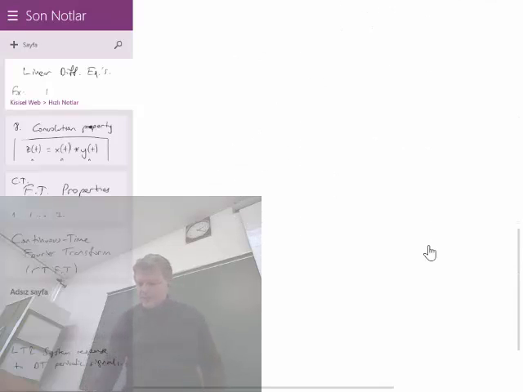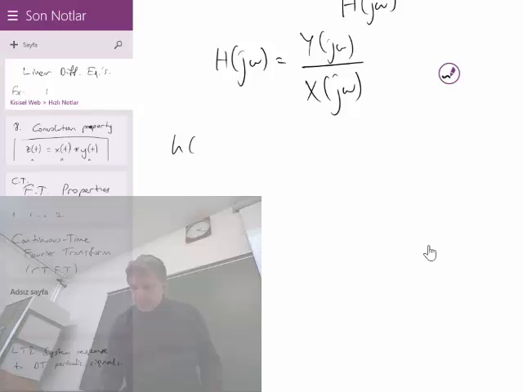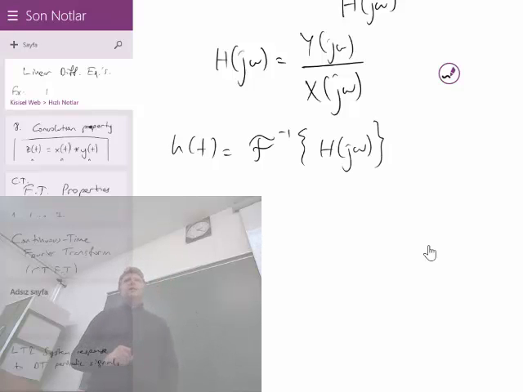The impulse response is the inverse Fourier transform of H(jω). That's the inverse Fourier transform operator that I'm indicating. So you need to find the inverse Fourier transform of 1 over (a + jω).